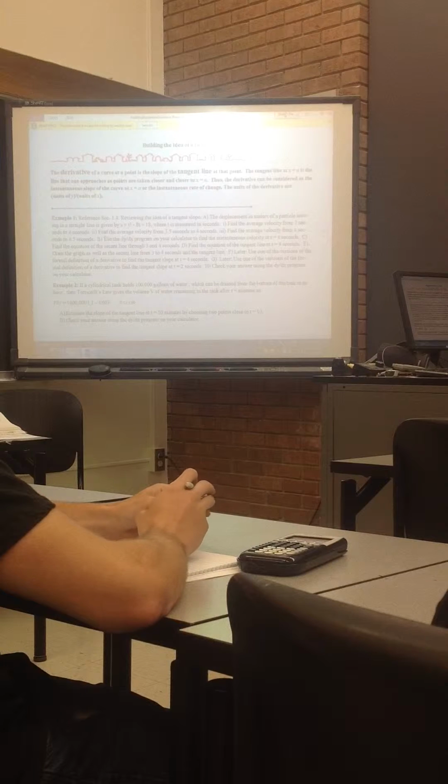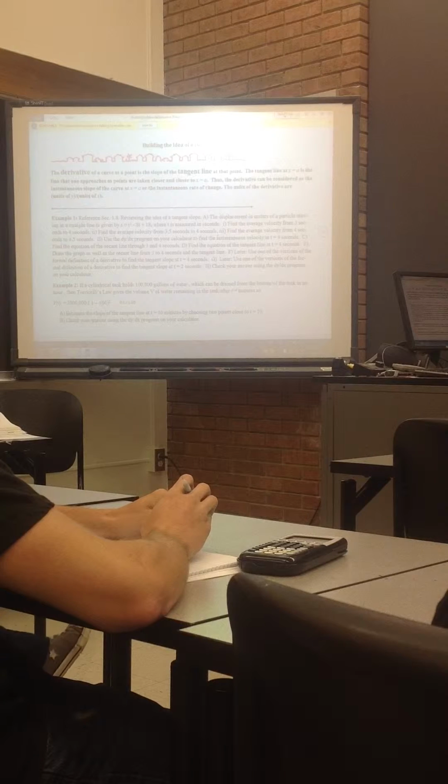Okay? So part B of the question says use the dy/dx program on your calculator, so I'm going to introduce you to that program if you don't already know it. It's a program that, for the most part, is giving you instantaneous velocity at a point. How it's programmed, though, is to do what we were doing.